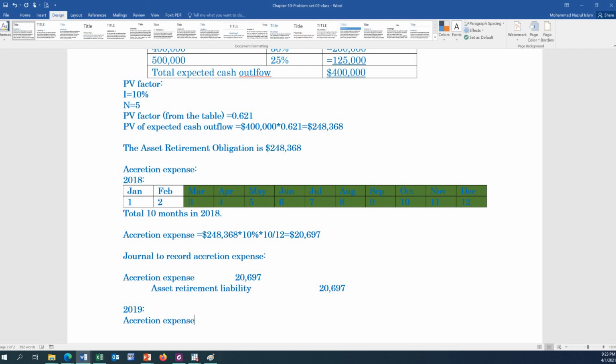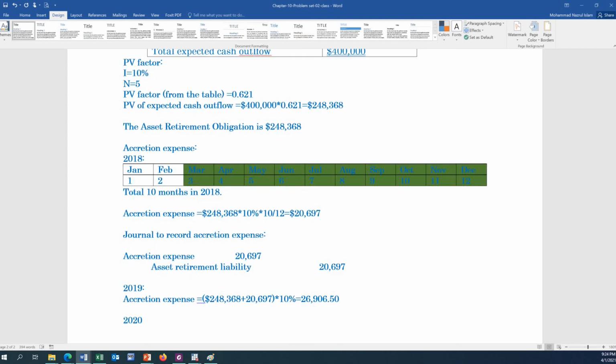In 2019 the accretion expense would be equal to 248,368 plus 20,697, multiplied by 10%. This is for the entire year, so we don't need to multiply it by 10 over 12. The amount is going to be 26,906.5.